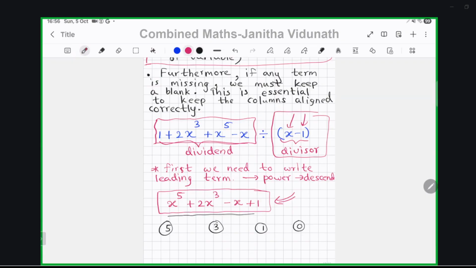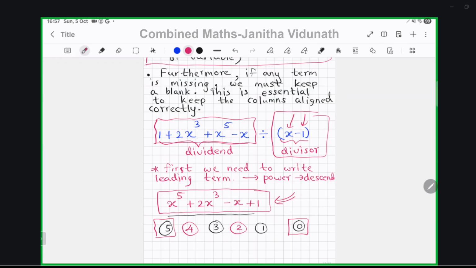This is the highest power and this is the lowest power. But here, there is no term with the power 4, and there is no term with the power 2.